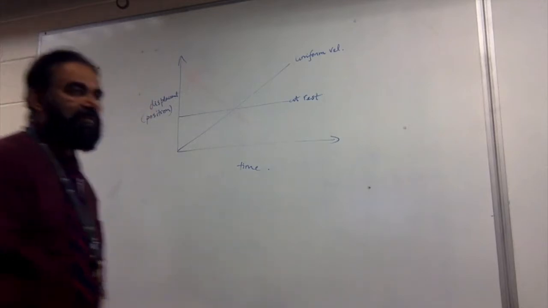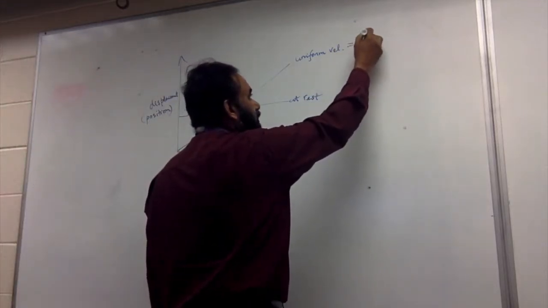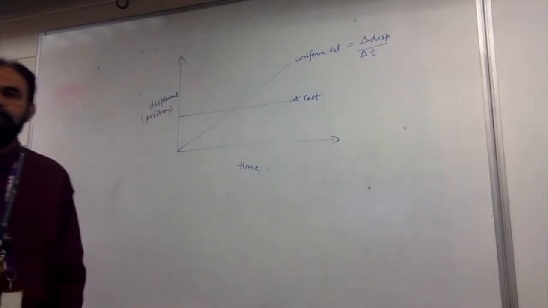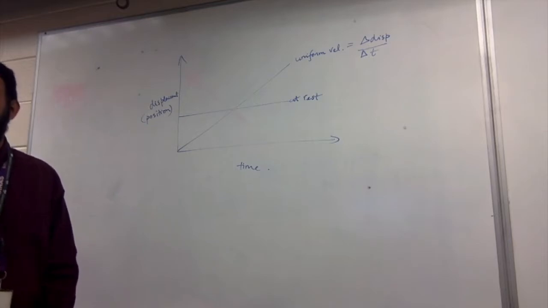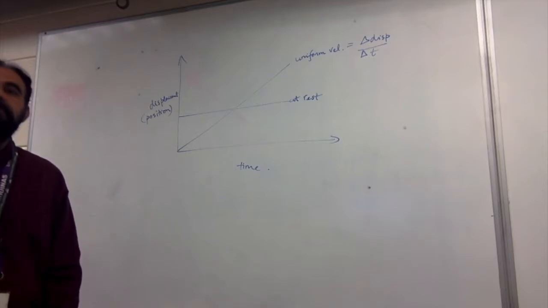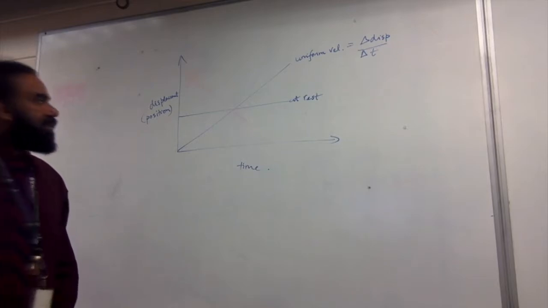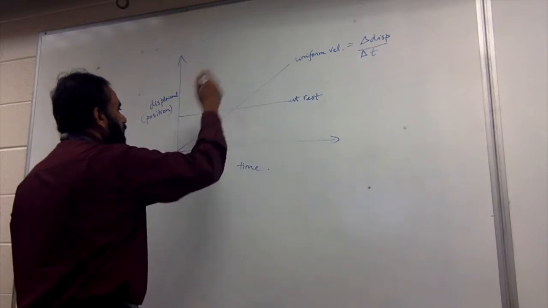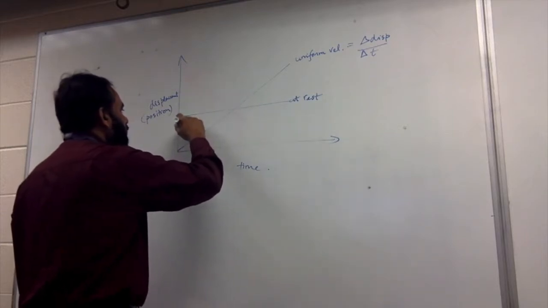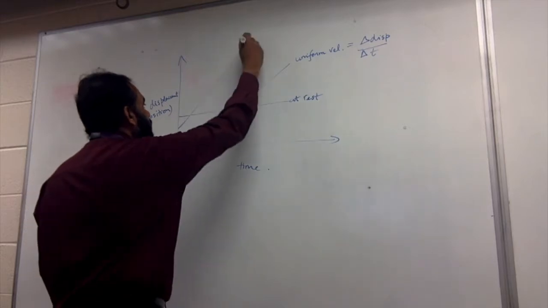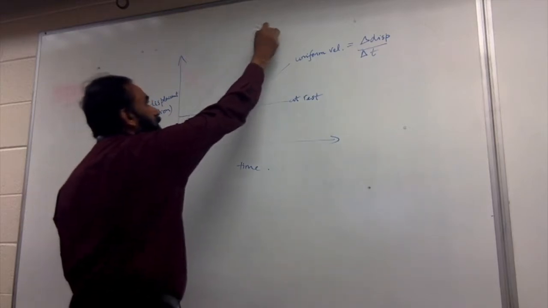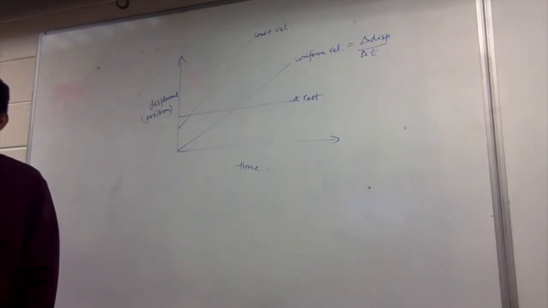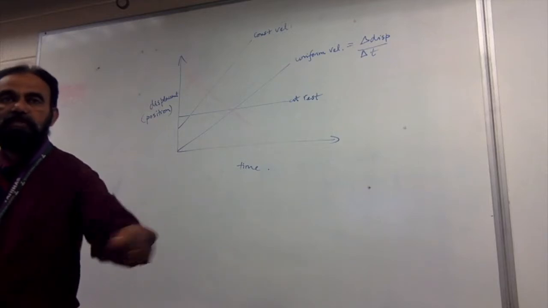And what is the definition of velocity? It is the change in displacement over change in time. That's why it's called velocity, because we are talking about not distance but displacement. And the other line, it's constant velocity starting from a positive displacement.